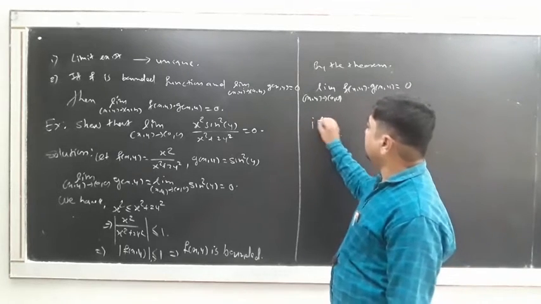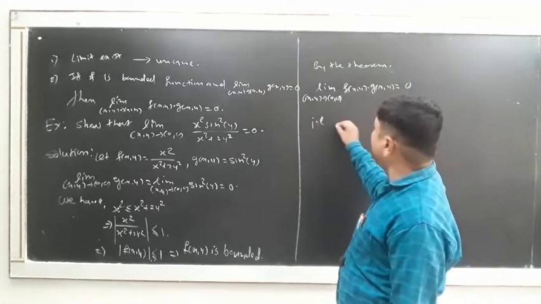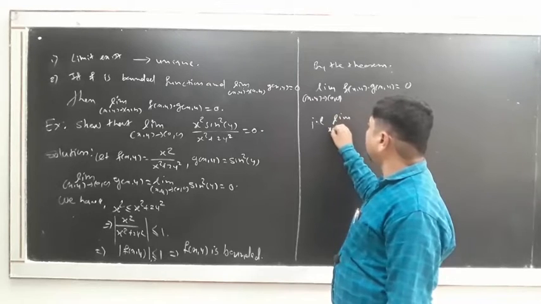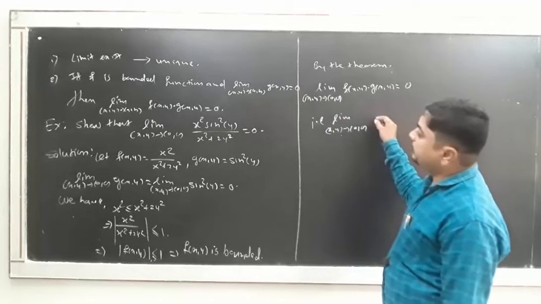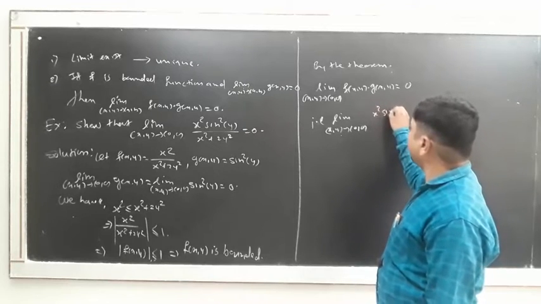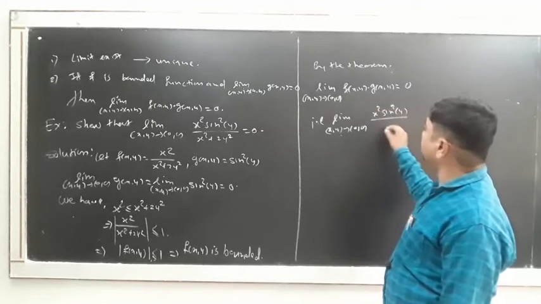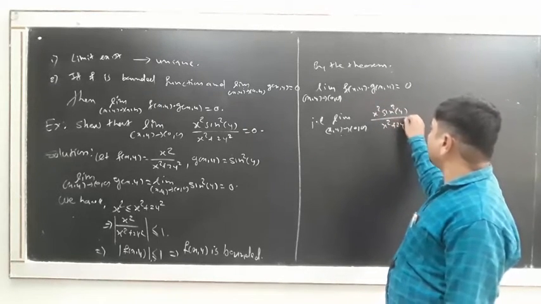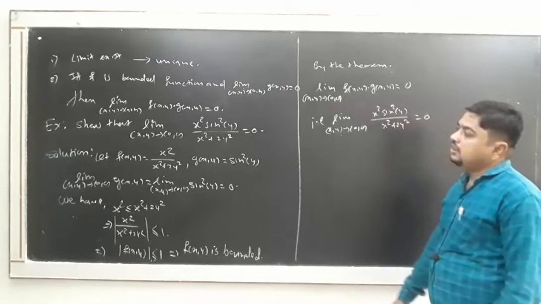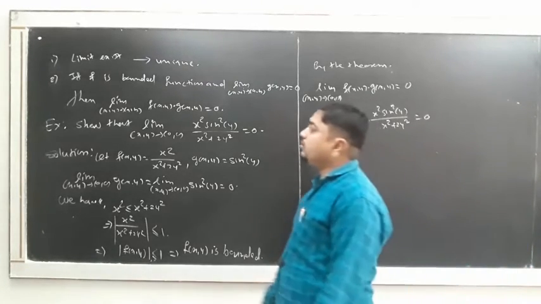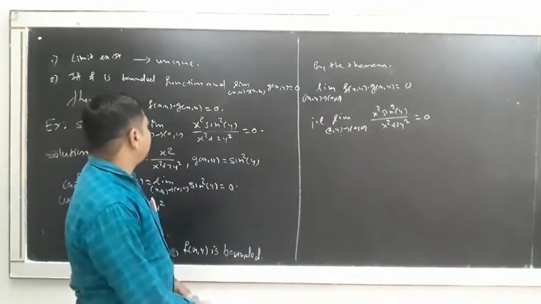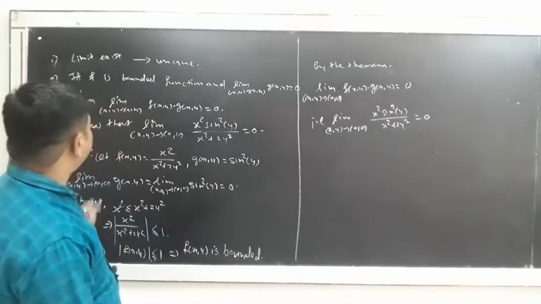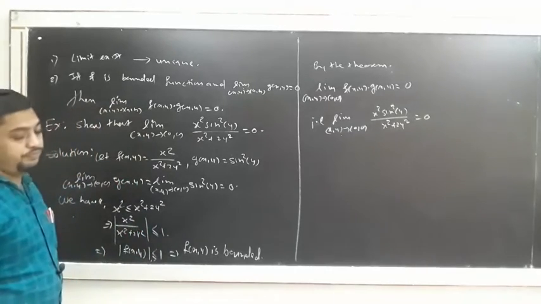That is, limit of x square sine square y upon x square plus 2y square should be 0. So by using this theorem, we show the limit of this function is 0.